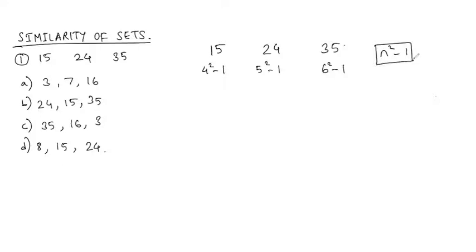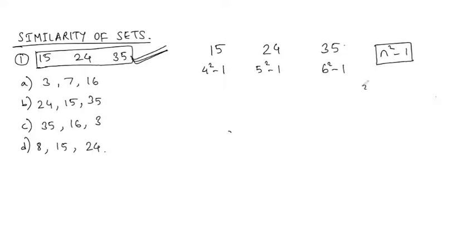Now we got the rule for the question. So what should we do? We should check each option and find which set is similar to this given set. Similar means they are following the same rule. Whichever set is following the same rule, that is the answer. So now, 4 square minus 1.